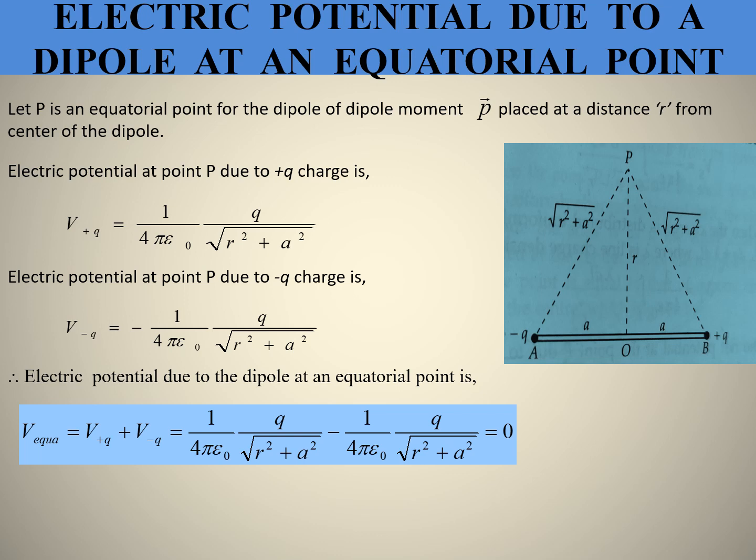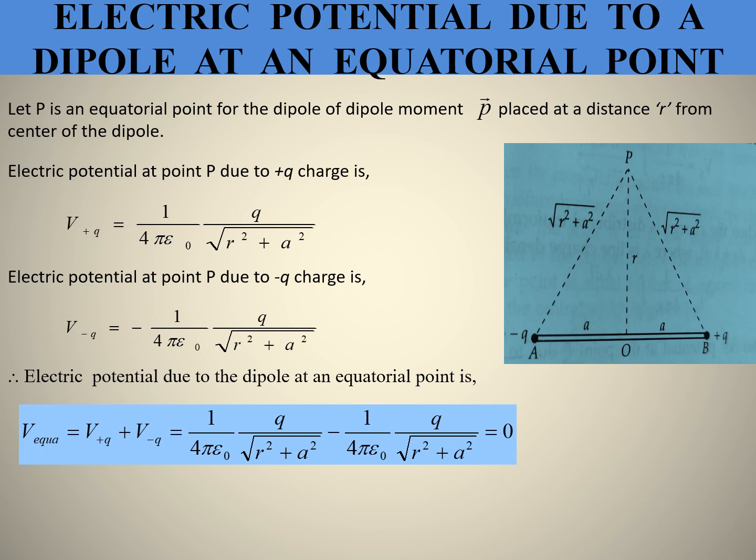So the total electric potential at the point P due to the dipole is given by V equatorial is equal to 1 by 4 pi epsilon naught q by under square root r square plus a square minus 1 by 4 pi epsilon naught q by under square root r square plus a square, which is equal to 0. That means electric potential due to the dipole at the equatorial point P is equal to 0.